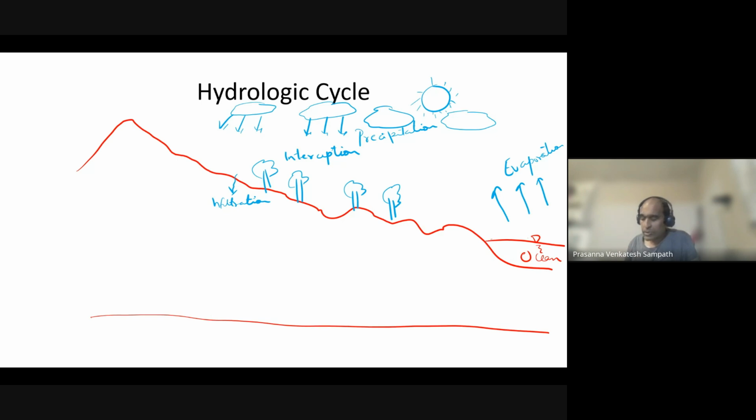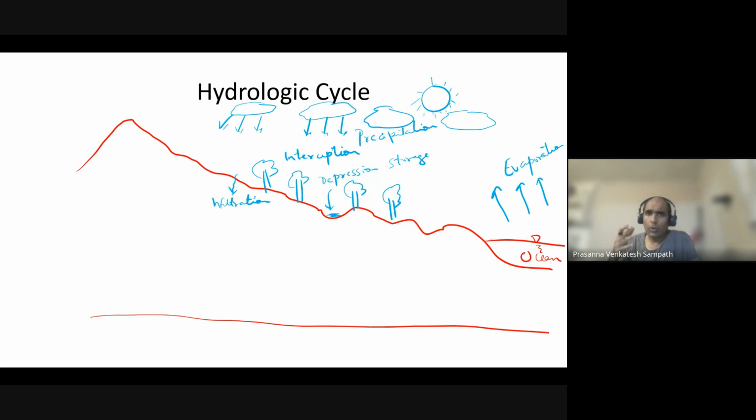Now those puddles which get filled, so let's imagine this is one of those puddles which gets filled with water. This is called depression storage. Okay, so the little depressions that are found on the land surface get filled with that rainfall.